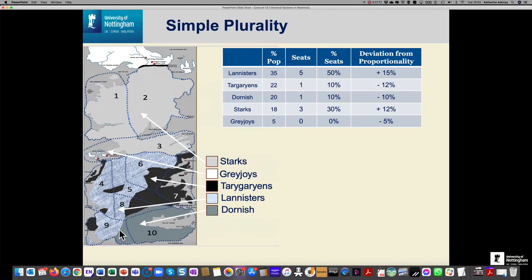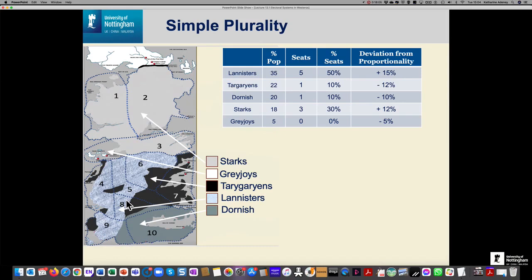But if you look, constituency number 9 is dominated by the Lannisters, who have 60% of the population there. The Targaryens over here and the Dornish over here in the east have 20% of the population, but the Lannisters are going to take that seat.